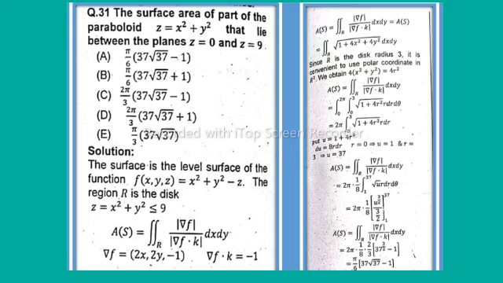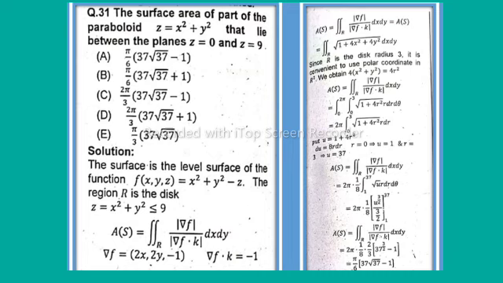u is equal to 37. So the integral is equal to 2 pi times 1 divided by 8 times the integral from 1 to 37 of the square root of u du, which is equal to 2 pi times 1 divided by 8 times u to the power 3 by 2 divided by 3 by 2, from 1 to 37.